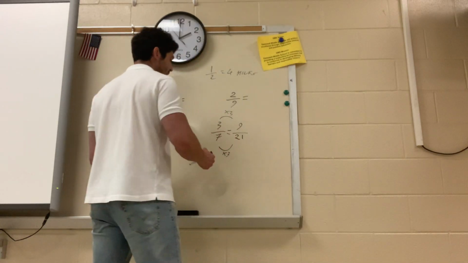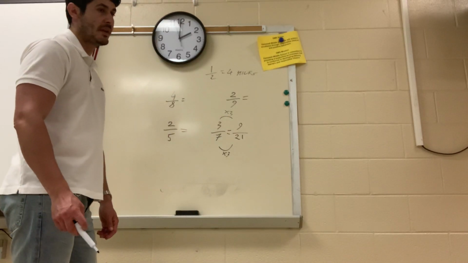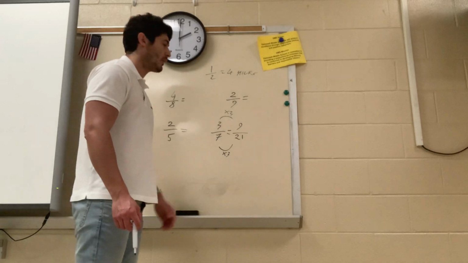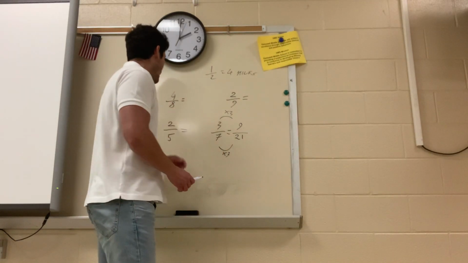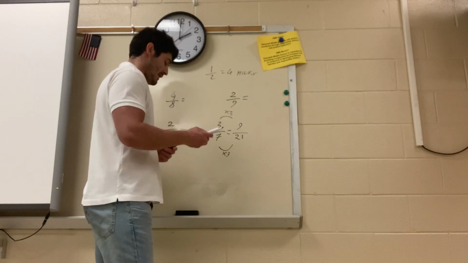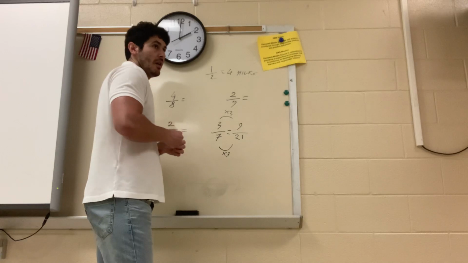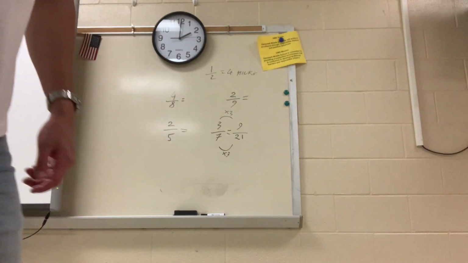So now 3/7 and 9/21 are equivalent because we multiply both the numerator and the denominator by 3. So work on 4/8, 2/5, 2/9, find at least an equivalent fraction for each of those fractions.